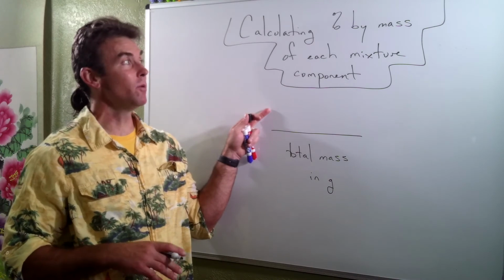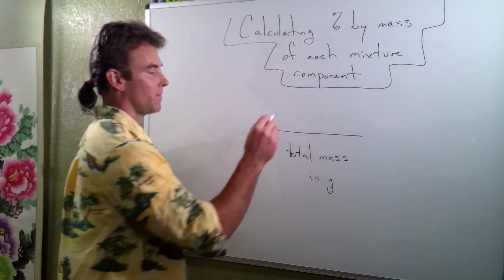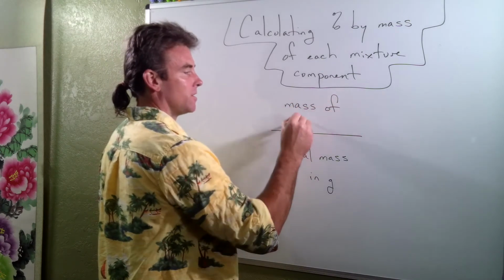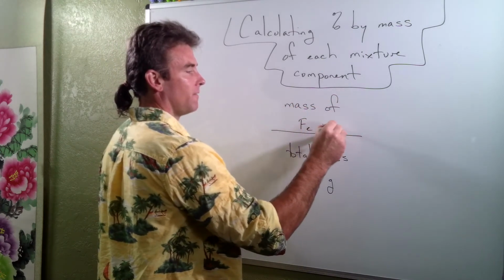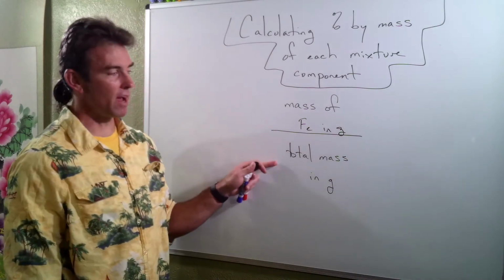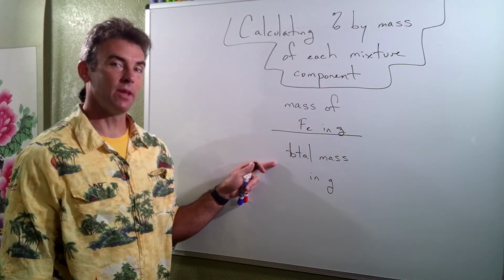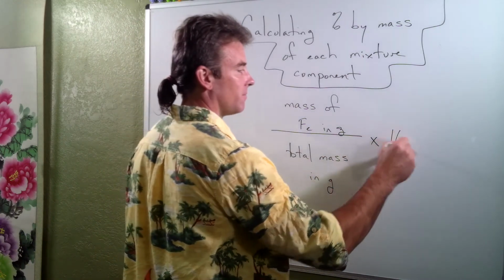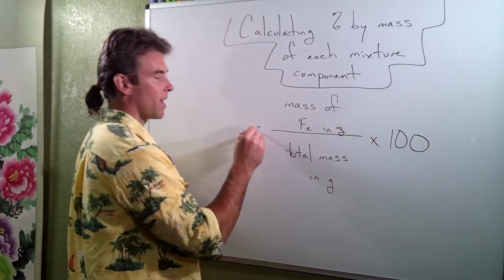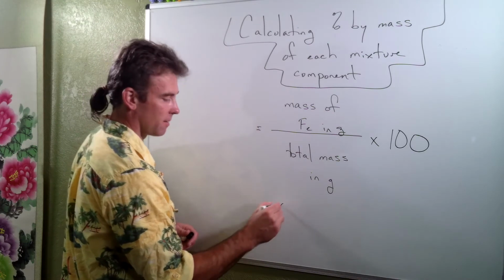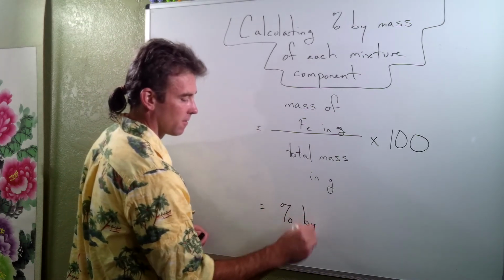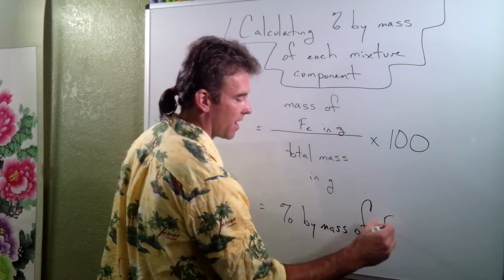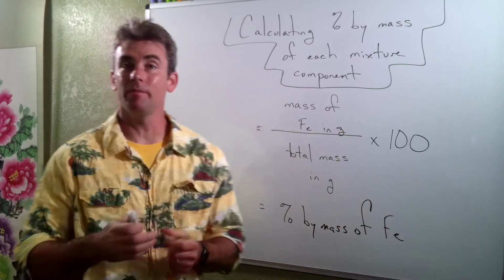So let's say that we want to do the mass of iron, right? So the percent composition of iron. We'll put the mass of Fe in grams. We're going to divide that by the total mass that we had in the beginning, and multiply that by 100. And what that will finally give us is the percent by mass of iron in the sample, right?